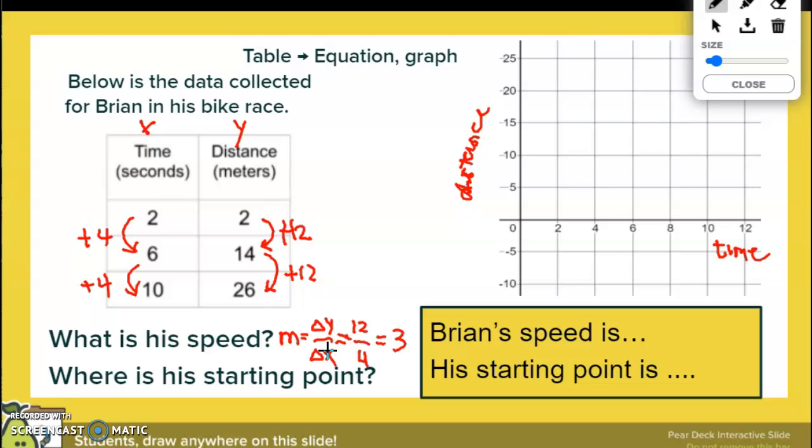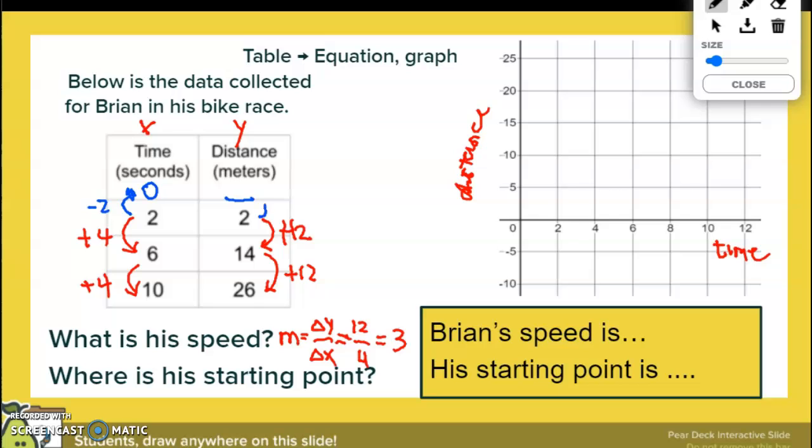Now, to figure out the starting point from the table, we need to figure out when time is equal to 0, what is the distance? So to do that, we need to go back by 2. Now when we go forward by 4, we added 12.